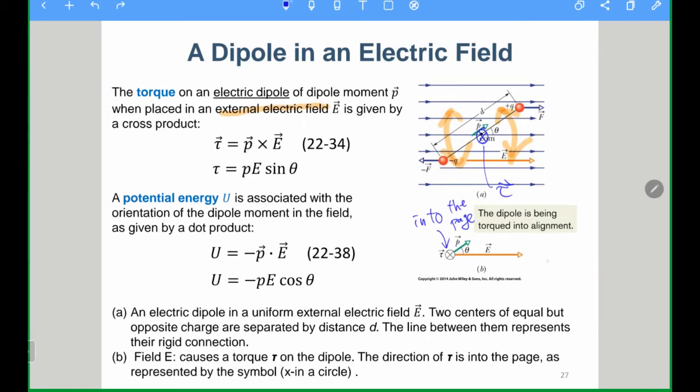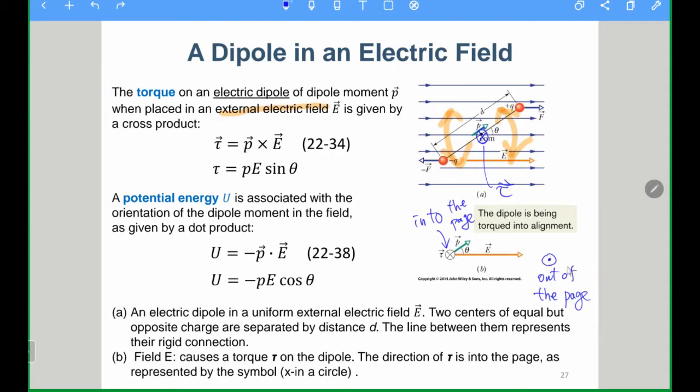The symbol like this means out of the page. The crossed one is like an arrow shooting into the page, so you see the tail of the arrow. If it is out of the page, you see the head of the arrow.